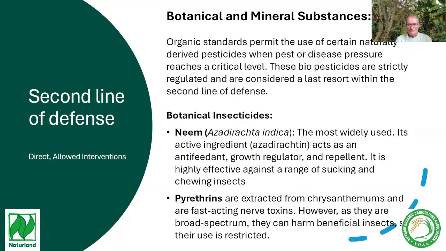Therefore the use should be restricted because you also kill some beneficial insects, but it can serve as a last method. If you really have a quite big infestation and you don't want to lose your crop, you may use it, but you should be careful because you're also intervening with the natural balance of pests.